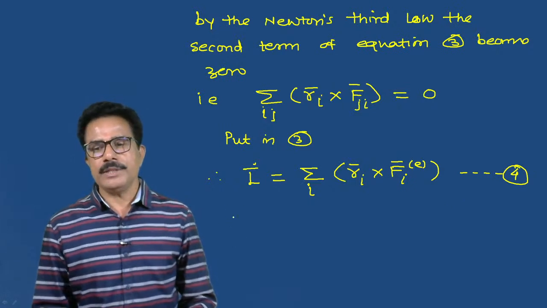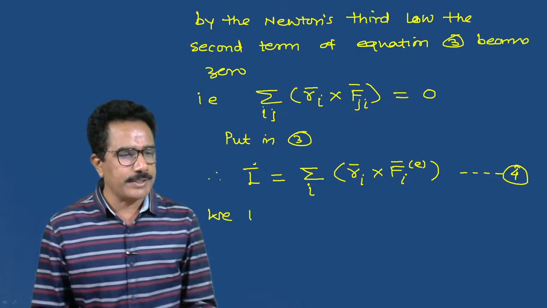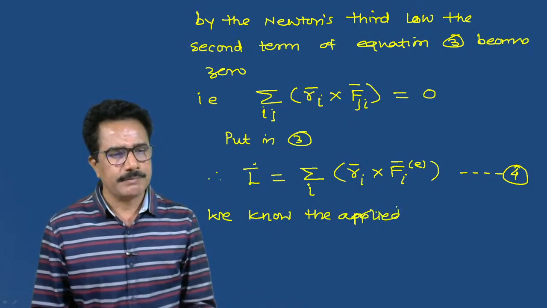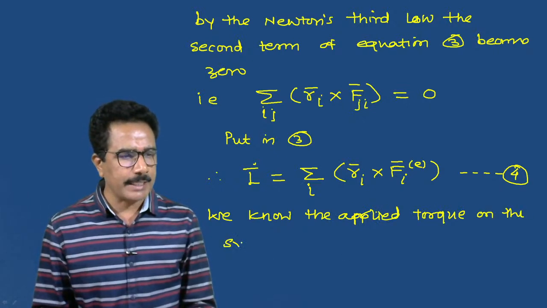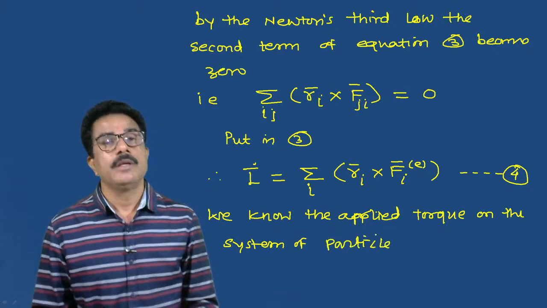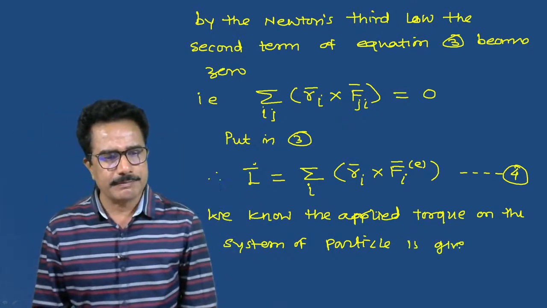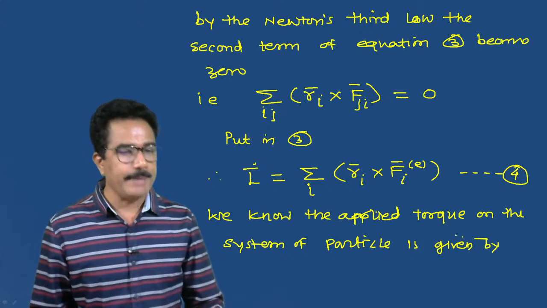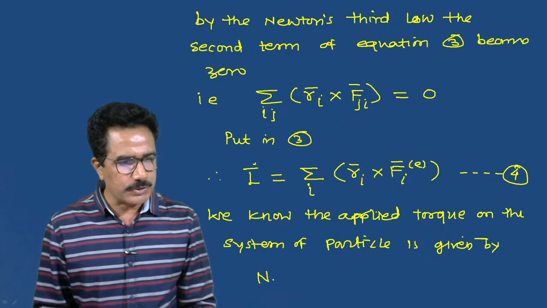Okay, now we know that the applied torque on the system of particles is denoted by N_e bar.